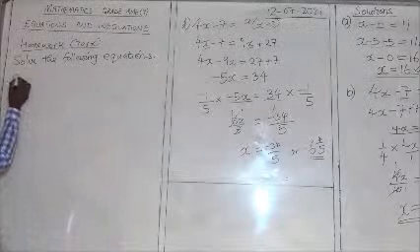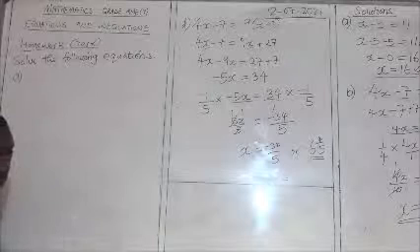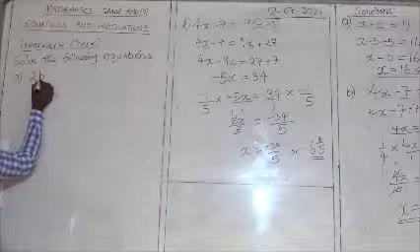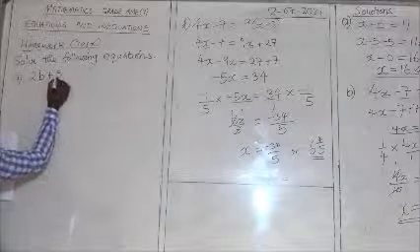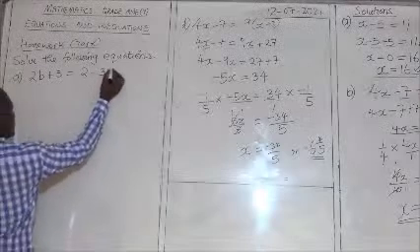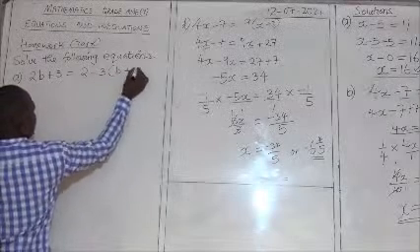For the first one, you have 2b plus 3 is equal to 2 minus 3, then b plus 3.